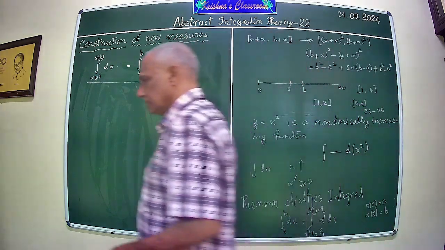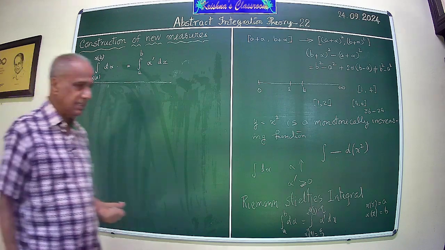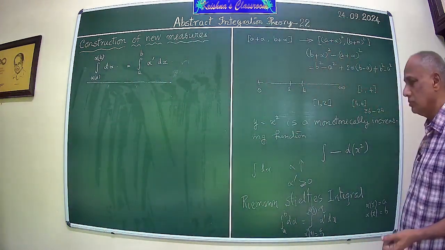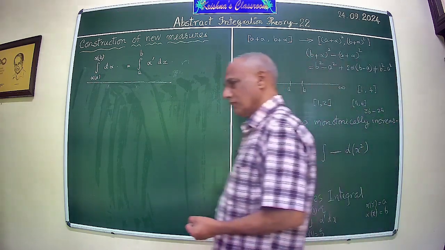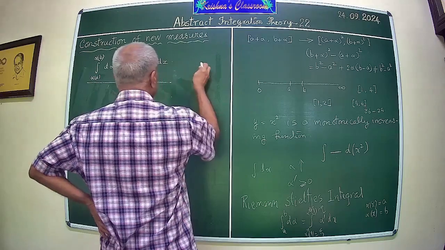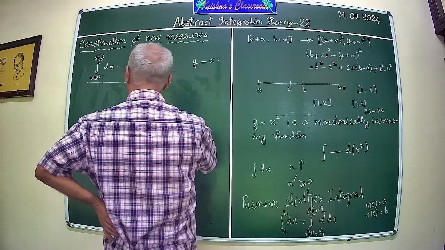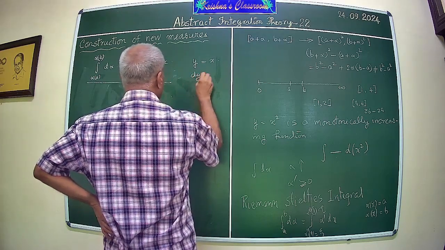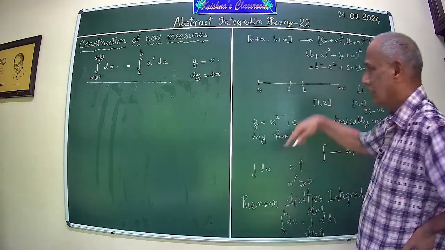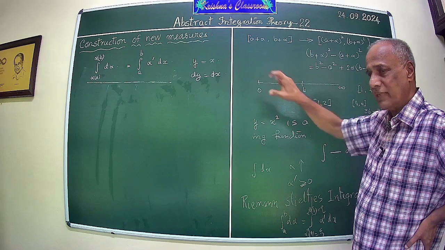So the Riemann-Stieltjes integral is a generalization which even allows some intervals to have zero measure, whereas the original one we are using is essentially y equal to x. You take this function and then dy equals dx. You are not changing the transformation, you are not changing the length of the interval.